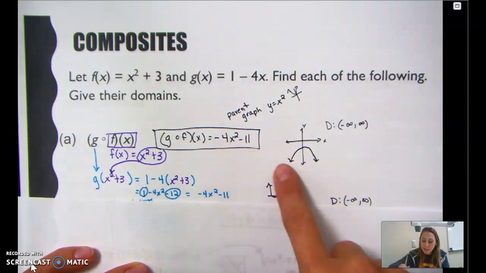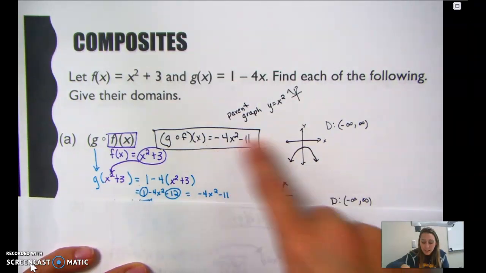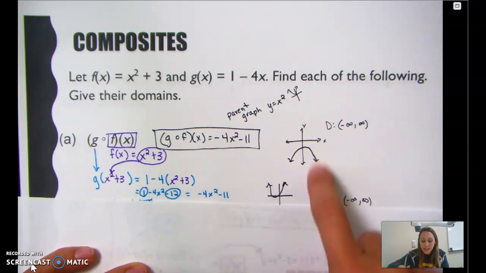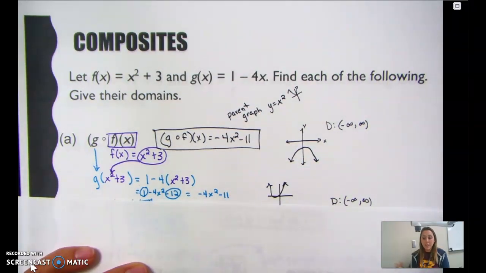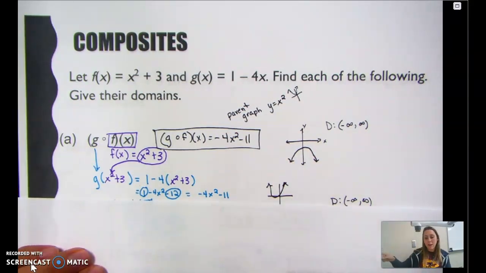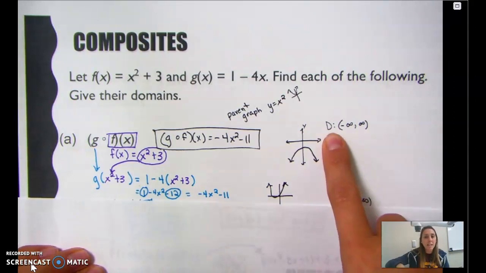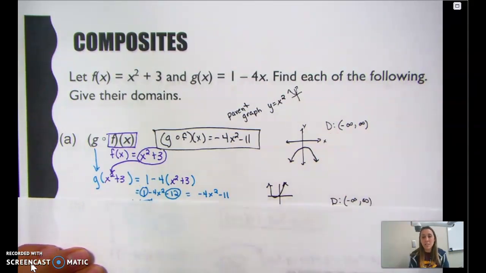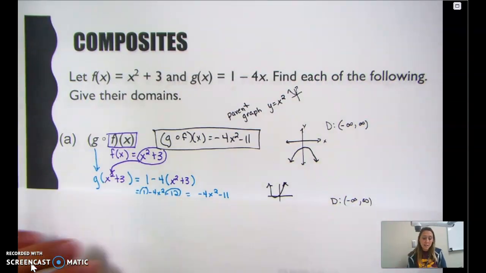Well, when I go look at this, that means it's going to be negative, so it's going to be upside down, and it's going to end down and start down, because again, even degree, 2. So then I know it's going to go forever negative this way and forever positive that way. So then my domain is just going to be negative infinity to positive infinity because it's a parabola, and there are no values of x that I can plug in that won't work.